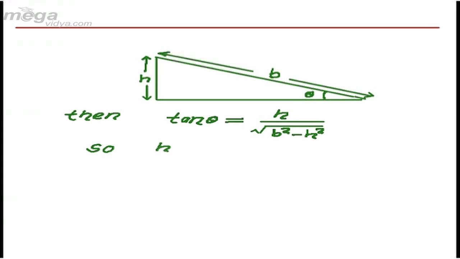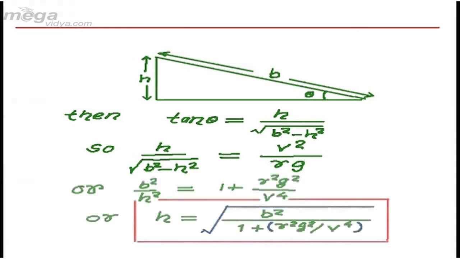So h upon under root b square minus h square becomes v square by rg.